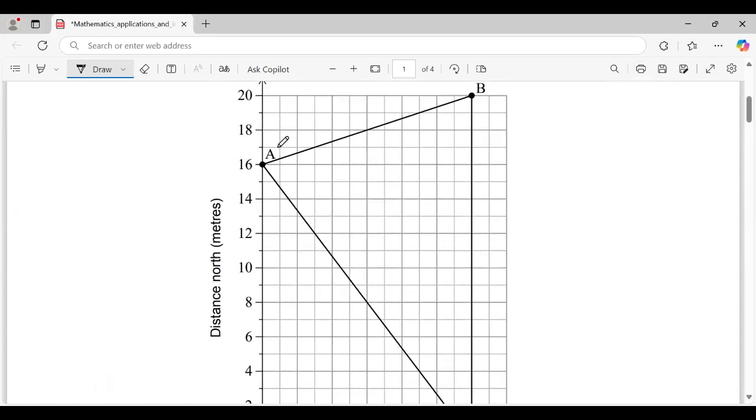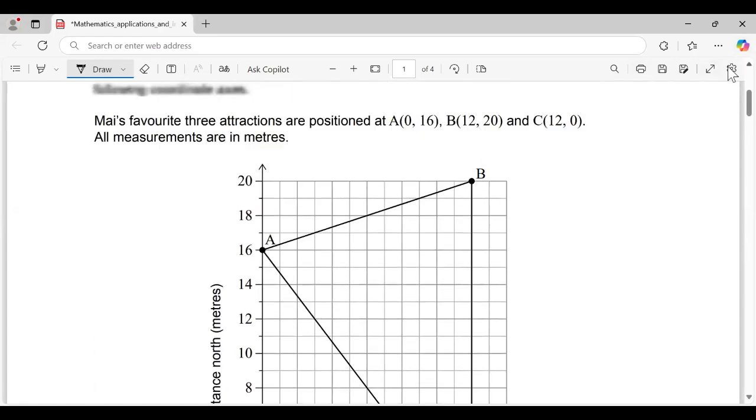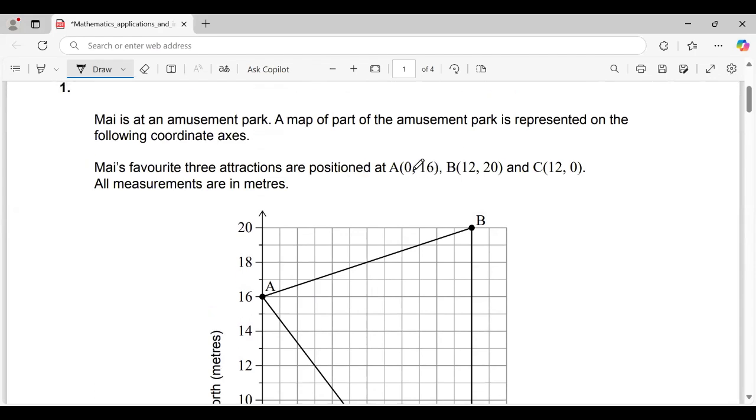Calculate the distance between A and B. I'm going to use Pythagoras. A is 0, 16 and C is 12, 0, but this is a right angle triangle, so this is 4 and 12.